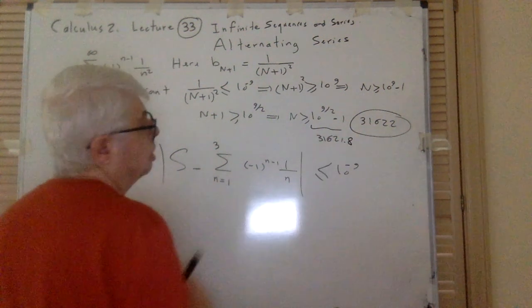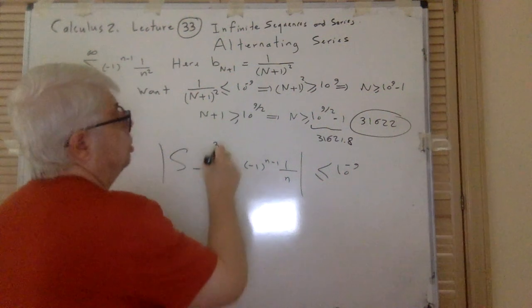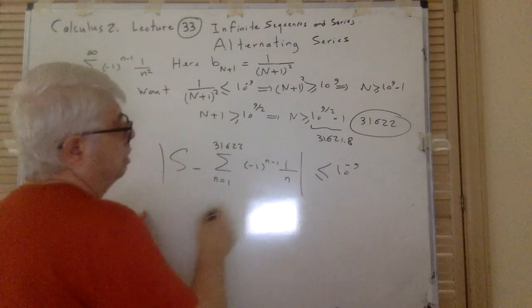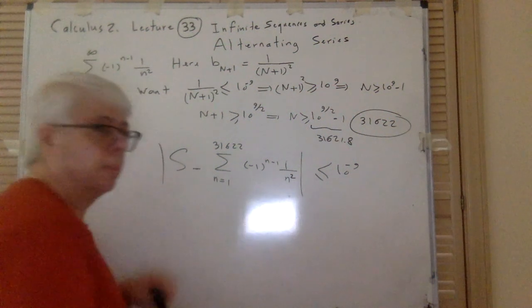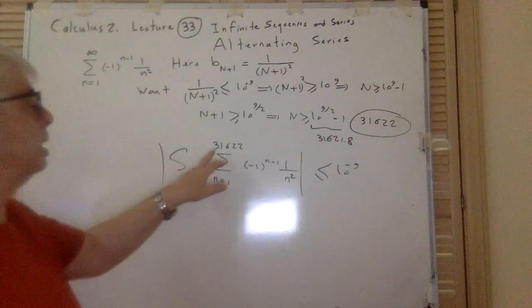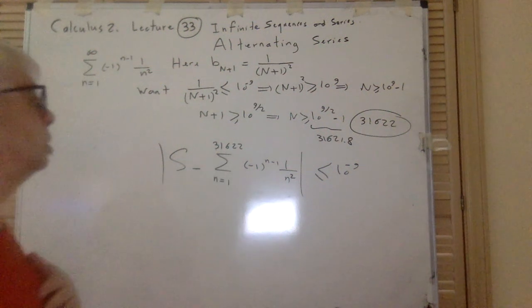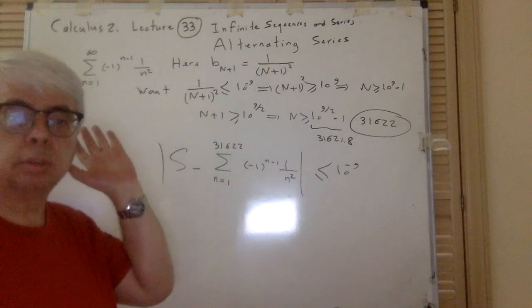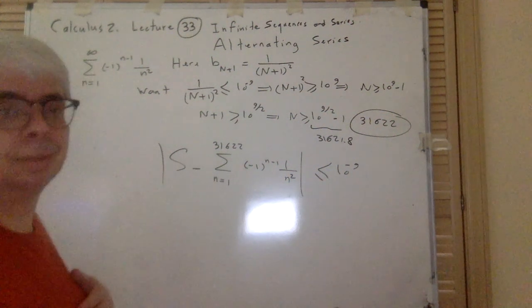So that is 31622. Okay? So that's n squared. So for 1 over n squared, I need 31,622. For n, I had like in trillions or something, right?